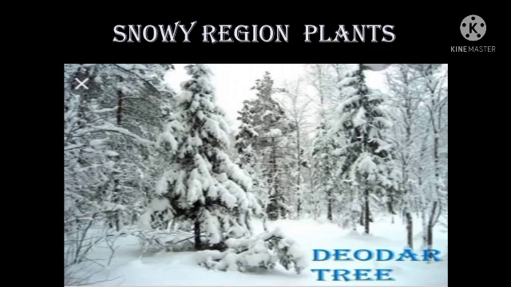Here you can see the picture of a deodar tree which is found in snowy regions. You can see the shape is like a cone, which is called conical shape. The snow slides down from the tree and the thick bark helps the tree to face the cold.